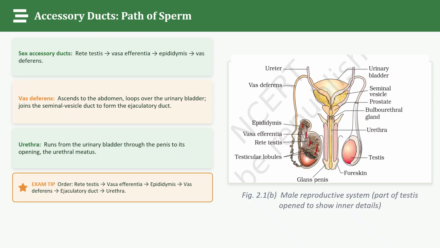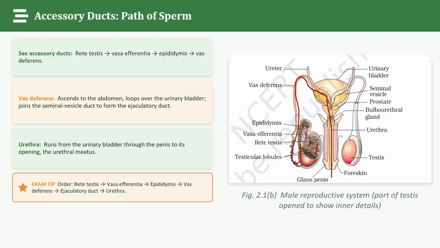From the epididymis it moves into the vas deferens, and from the vas deferens it passes all these glands, seminal vesicle, prostate gland, bulbourethral gland, and then goes to the urethra and the sperm will be released here, right children?